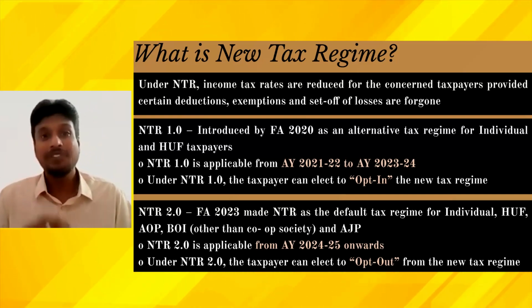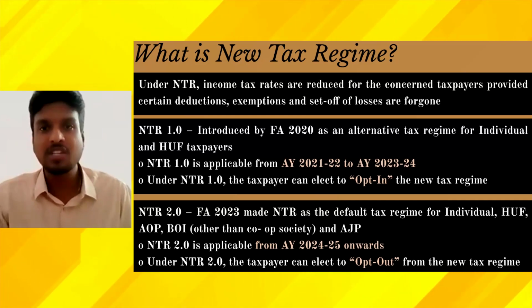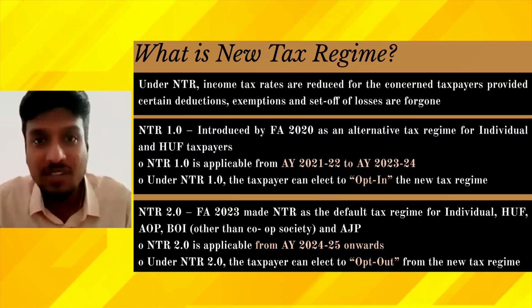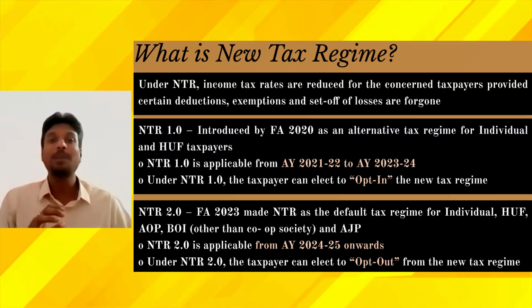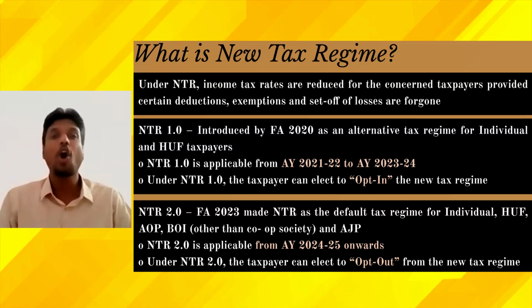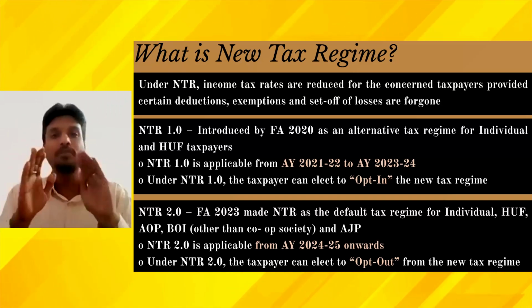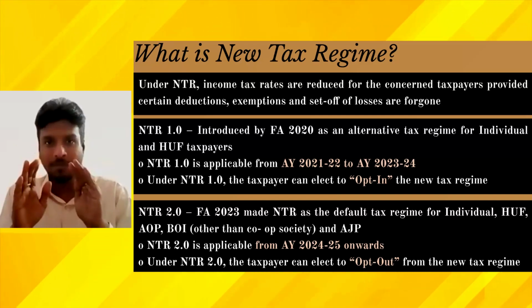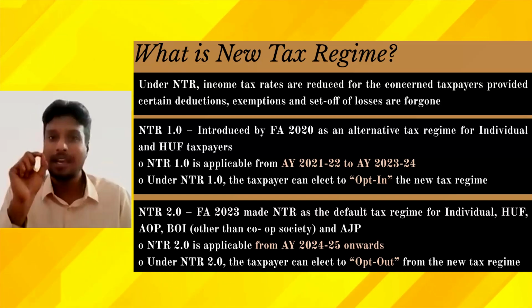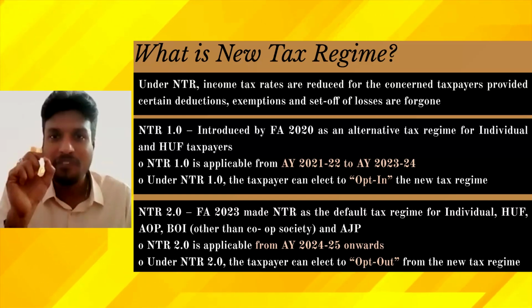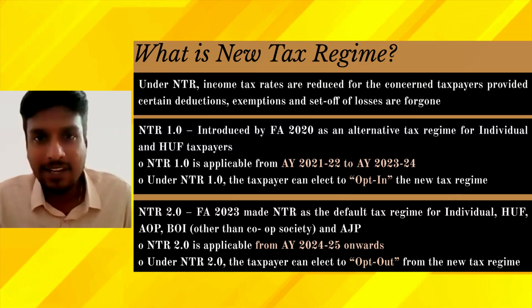Further, the position or the perspective in which this was being handled was that under the new tax regime, the taxpayer can select or opt in to the new tax regime. Select means they can choose between the old tax and new tax regime, and they can opt from the old to the new regime by making a preferential selection of the option available while filing the return of income.